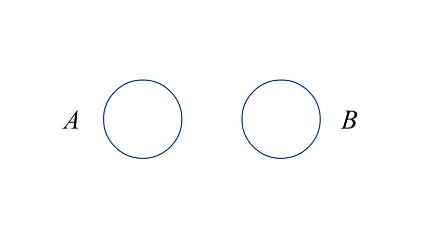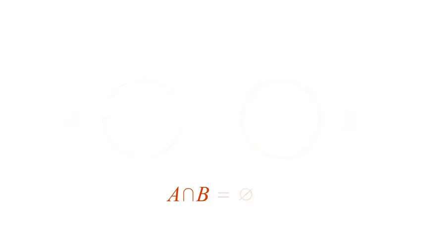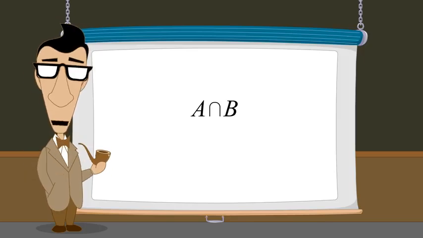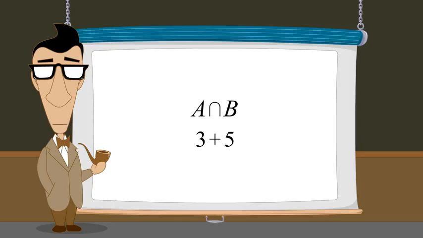Two disjoint sets have no elements in common, so their intersection forms the empty set. Forming the intersection of two sets is a binary set operation, in the same way that forming the sum of two numbers is a binary numerical operation.